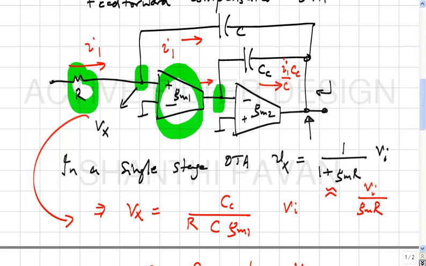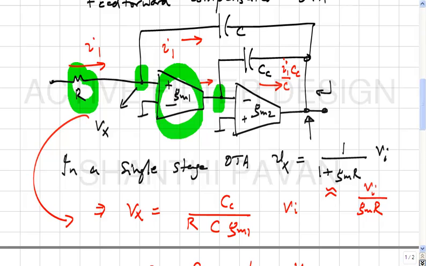Now, can you comment on the contribution of noise from GM1 versus the contribution from R? Okay.